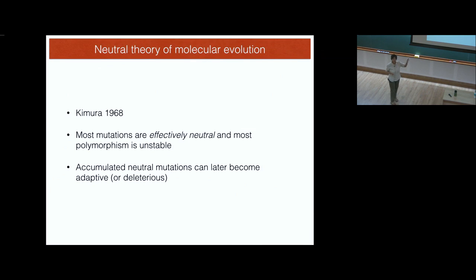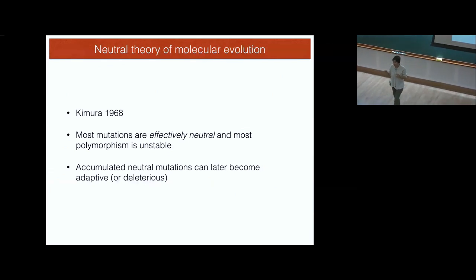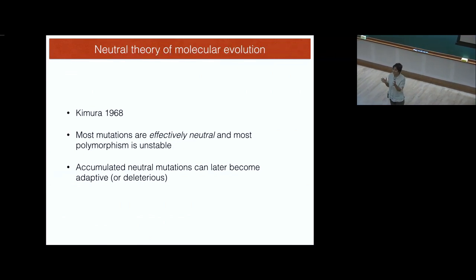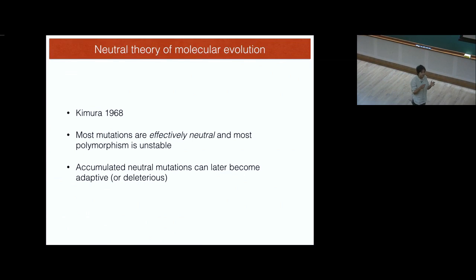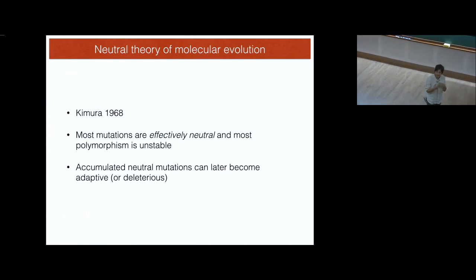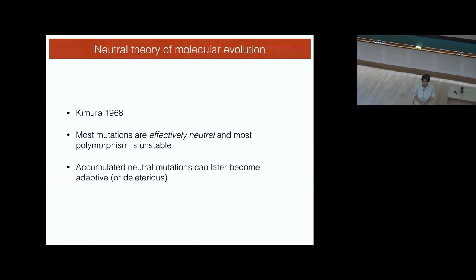This was hugely debated, because at the time the reigning idea, and I'm condensing a lot of literature and history and drama here, was that many people were very adaptationist or selectionist, believing that most of what you see is an outcome of selection.